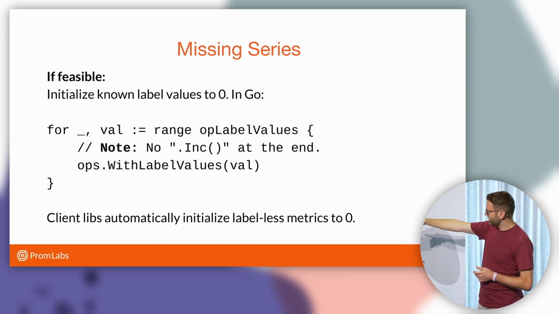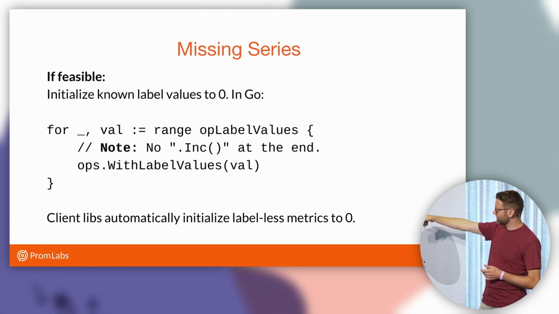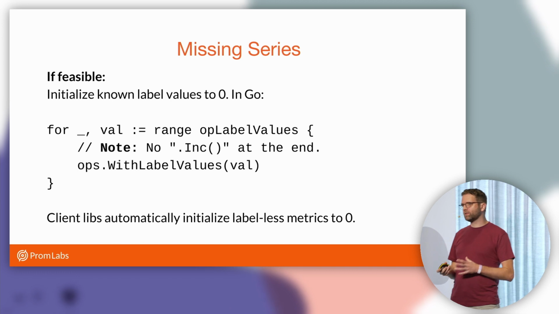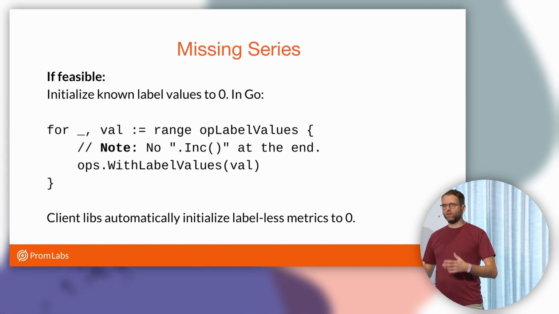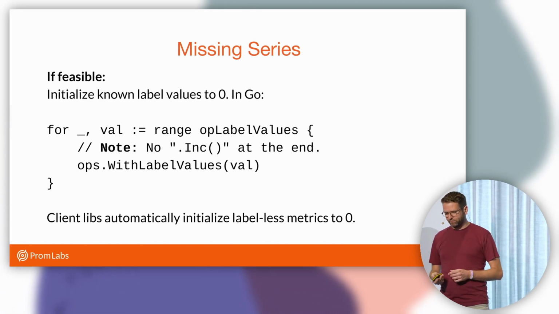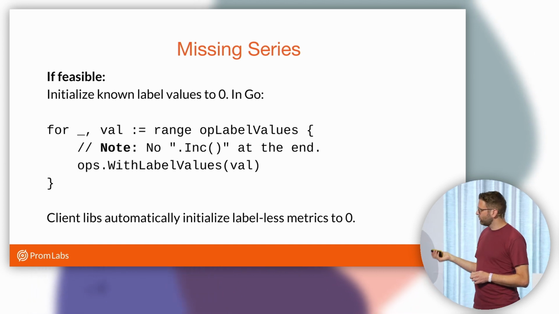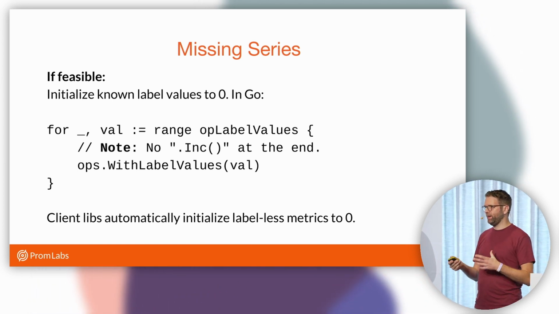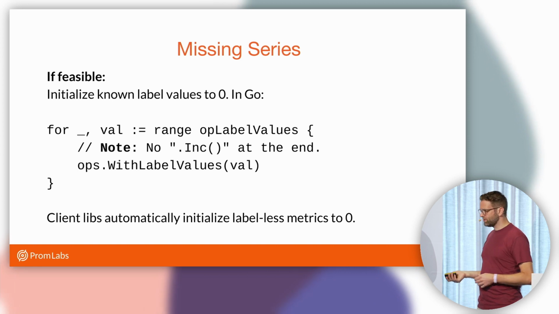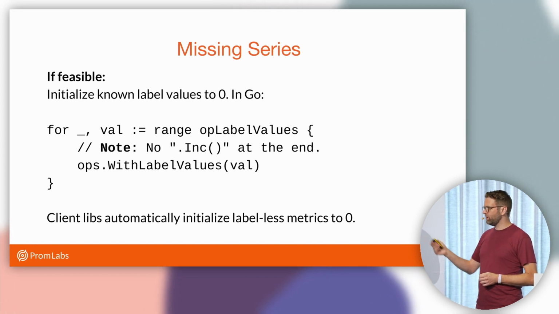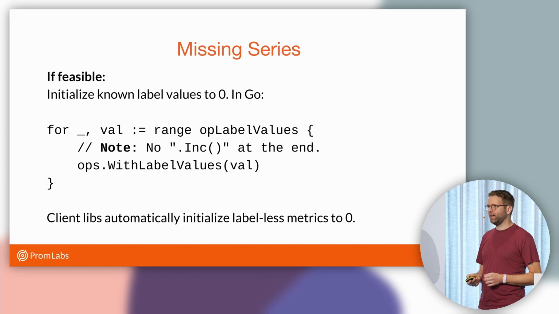So I'm not adding a .inc at the very end of this call here. This is a Go example. This will really just tell the Go client library, create a default of 0 for this counter. And you don't have to worry about this for metrics which don't have any labels on them, because they automatically get initialized to 0 when the program starts.